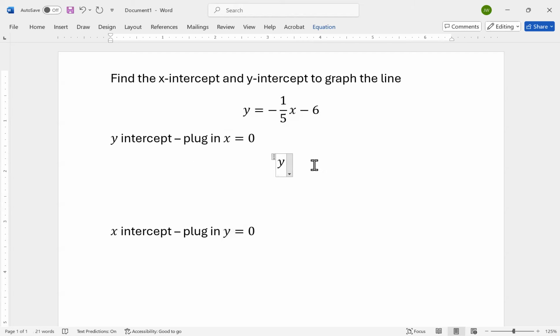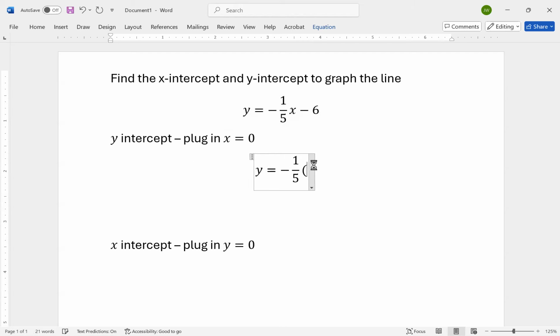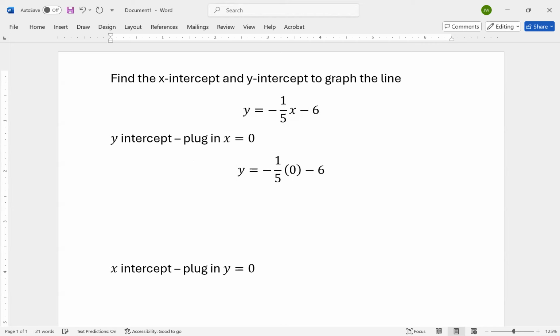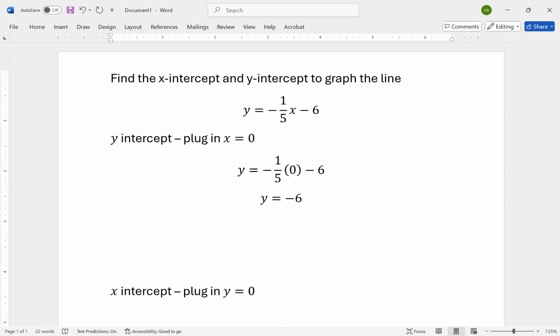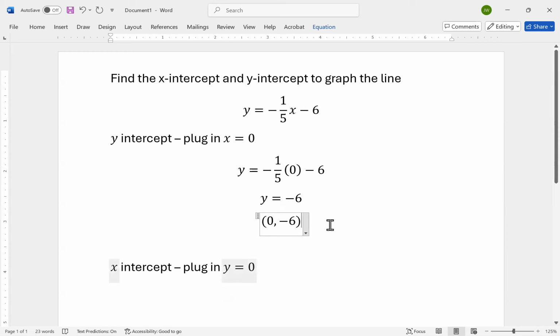We kind of already knew what's going to happen here because this is already in slope-intercept form, and the intercept of slope-intercept form is the y-intercept. So when you plug in a 0, you get a -6. The y-intercept, therefore, is the point (0, -6). Again, we already knew that from earlier because the -6 gives me my y value of my y-intercept.